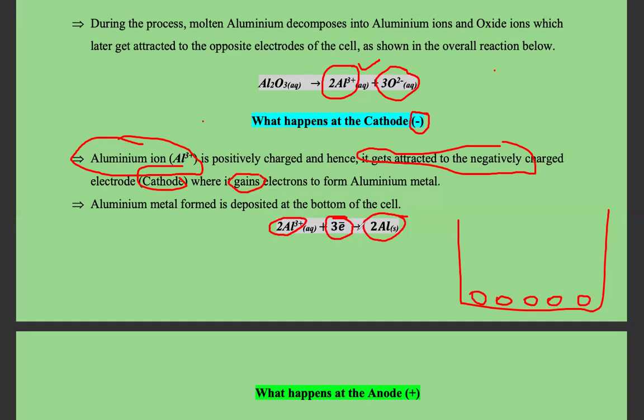So in case they ask, explain what happens at the cathode, just say at the cathode, which is a negatively charged electrode, aluminium ions, which are positively charged, are attracted to the cathode. They gain electrons, they become full metals, and they are actually deposited at the bottom.